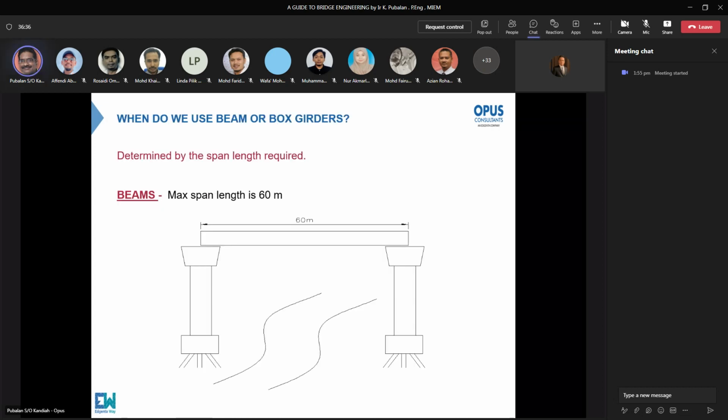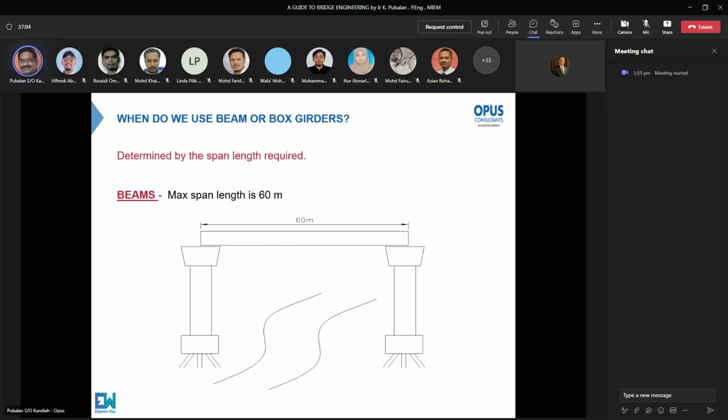So when do we use beam or box girder? Remember this, for beams, the maximum span length is about 60 meters. Only then you get your proper L over D ratio. So generally, for ease of understanding, it's very difficult to design a beam for more than 60 meters for bridges.